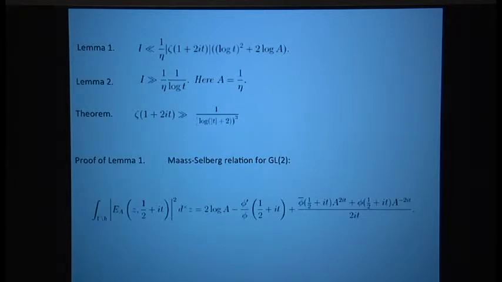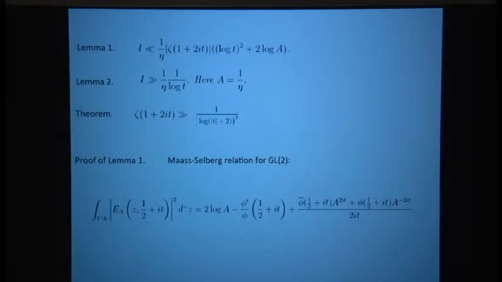Although this lower bound is not as good as Vinogradov's best bound for the zero-free region, it's a completely new method. So let's recall Sarnak's method, proving lemma 1, the upper bound. For the upper bound, he used the Maass-Selberg relation. The Maass-Selberg relation gives us the L2 norm of the truncated Eisenstein series.